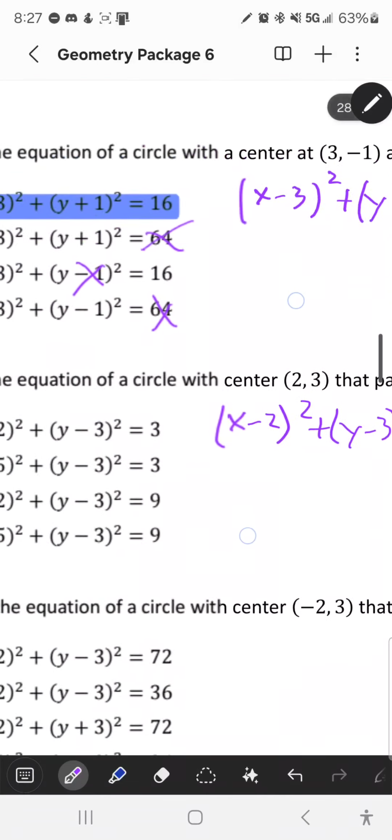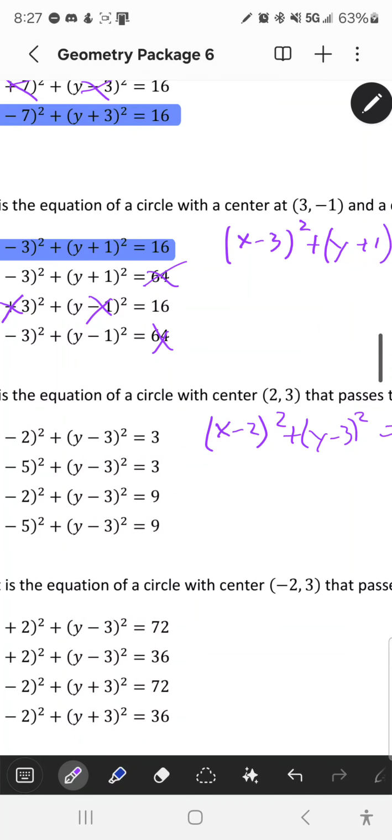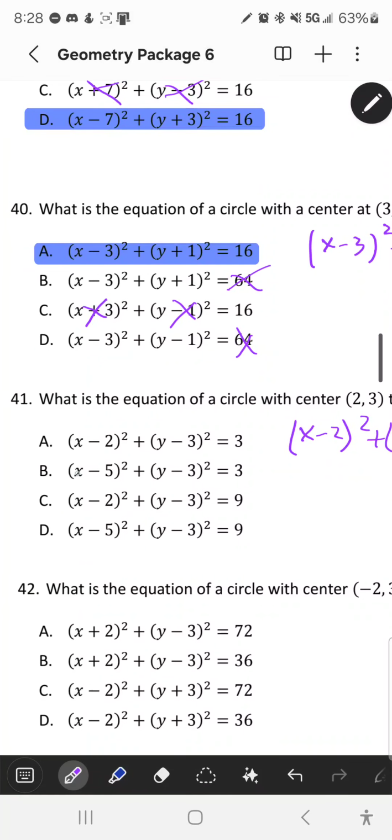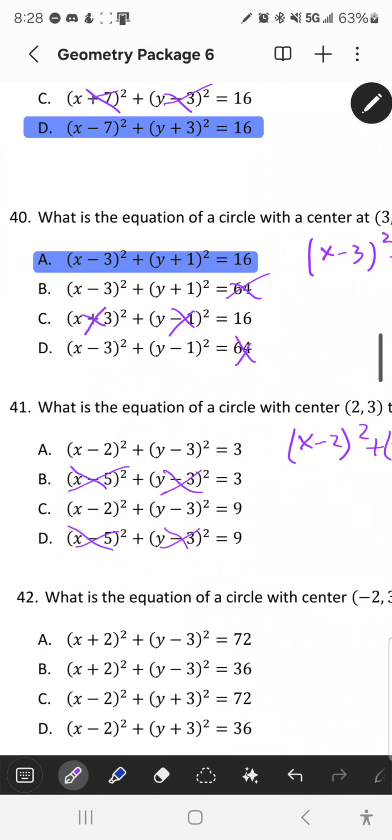We don't know the radius yet, but we can start getting out a specific option. Because the center is 2 comma 3, we don't care about the point it passes through. It is only for calculating the radius. The center is 2 comma 3, so it will be either A or C.